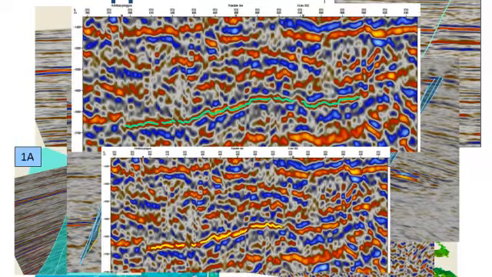Those are aspects of the fault interpretation. What about the horizon interpretation? When it comes to the horizon interpretation, now we look at those reflectors, that amplitude: is it rigid? Is it smoothly continued?